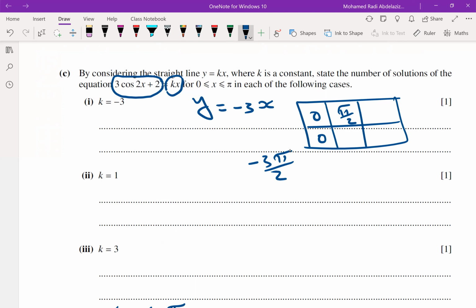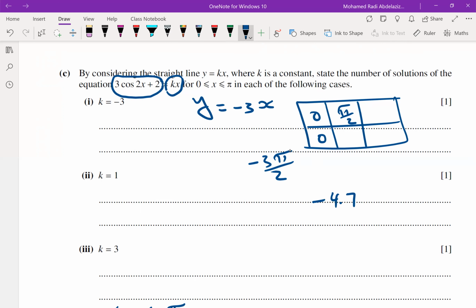If we try to calculate this value as a decimal, it's -3 pi divided by 2. It's about negative 4.7.